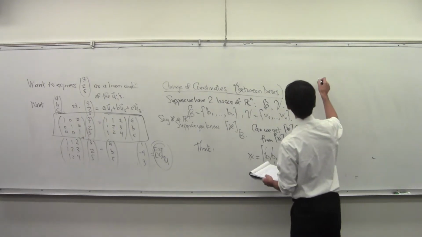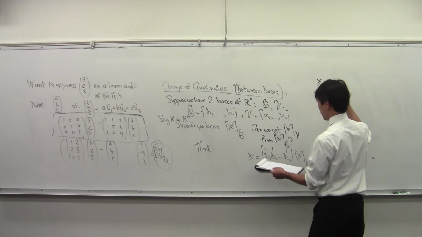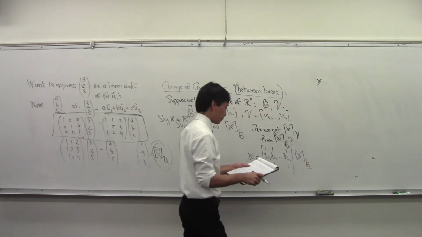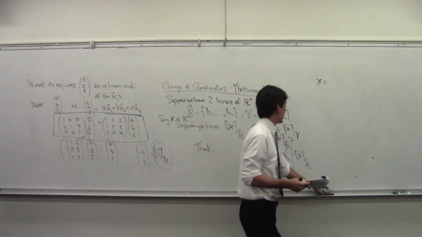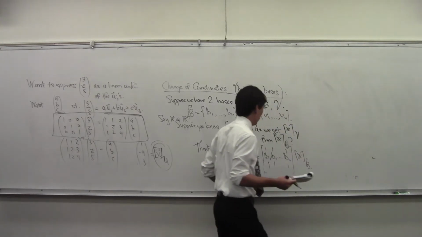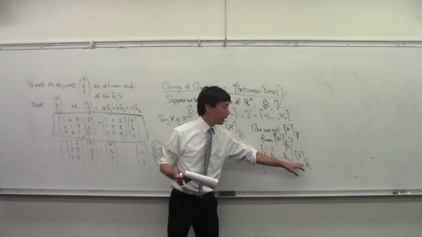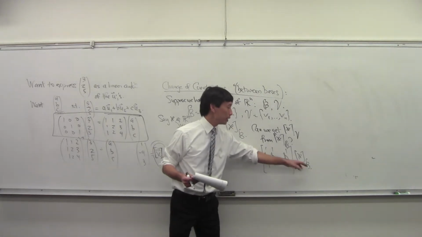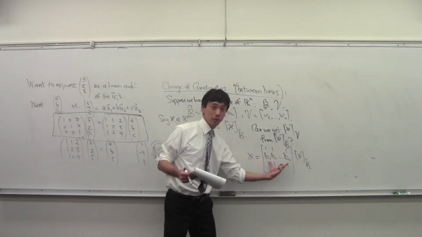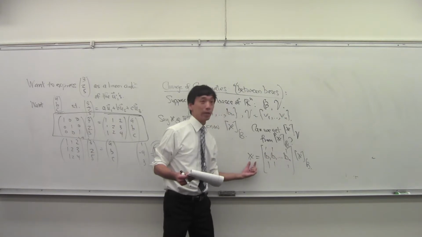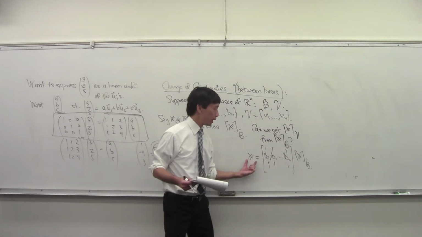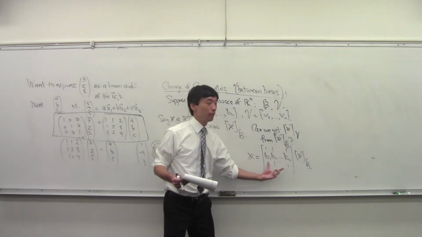What's X? The coordinate vector with respect to B gives you the coefficients you need to combine these columns to get X. So X is this.